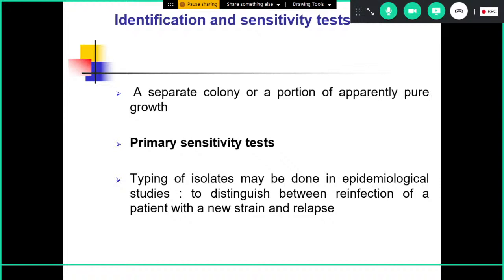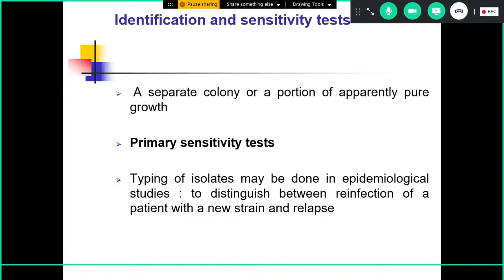So if you see pus cells and bacteria, you can put up directly on the sensitivity plate with antibiotic discs. This simply helps us to cut down the time by 24 hours, and there is very good concordance between the primary sensitivity tests of urine and subculture sensitivity tests.